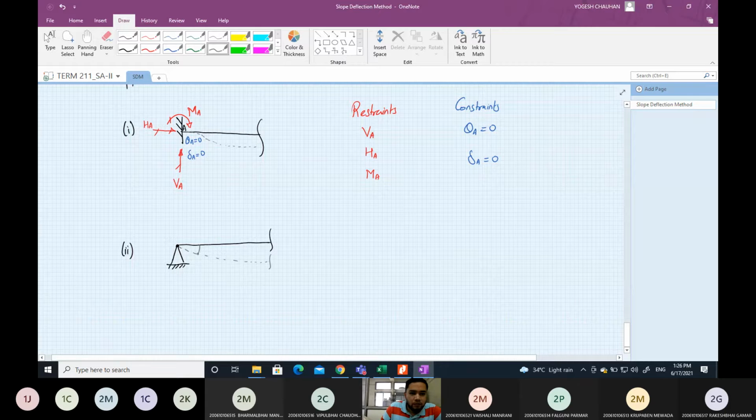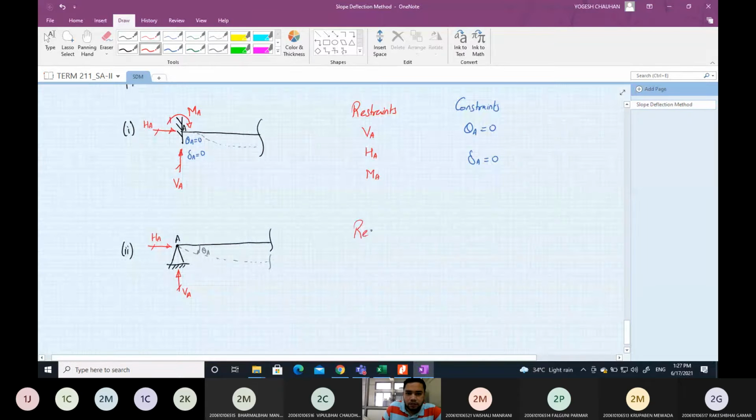So here you will have some rotation as well. We call this theta A. This is A, and this will offer you a vertical reaction and a horizontal reaction. So this is VA, this is HA.